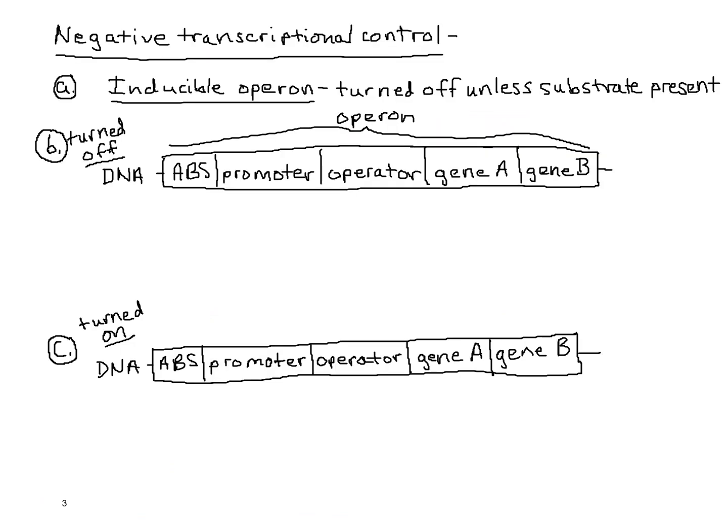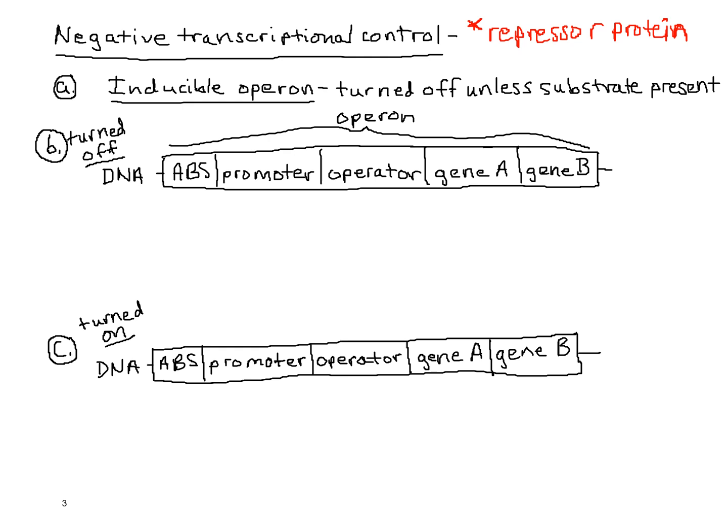All right, so with negative transcriptional control, we're going to be using our repressor protein to turn our operon on and off. And I'm going to be putting one of these 4 scenarios that we draw on the exam.